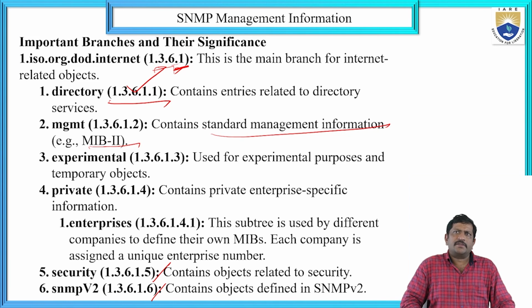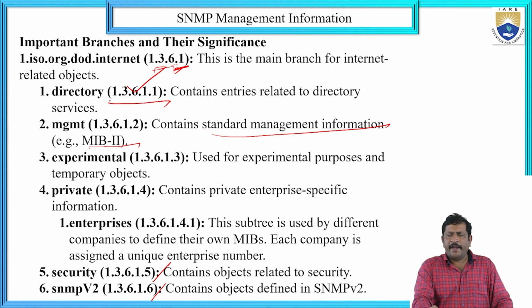These are the subtrees generally used by different companies. Companies or domains can be differentiated with .org, .in, gov.in, where gov.in means all government related organizations. Enterprises define their own management information database.